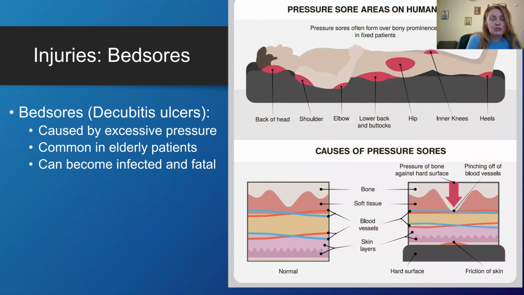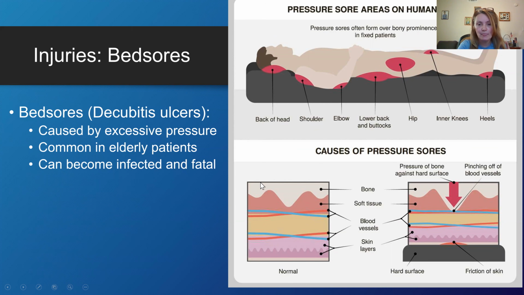Bed sores. Bed sores are caused by excessive pressure, common in elderly patients, and they can become fatal if they are infected. So if you go to nursing programs, it's really very important to understand how bed sores are formed. You can see over here, that's normal skin, right?